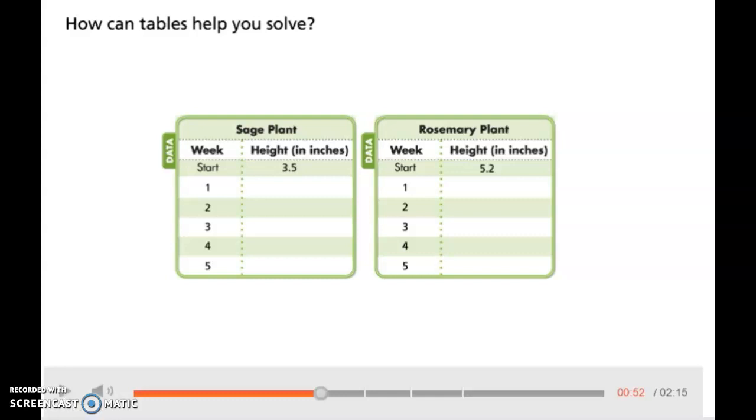Remember, we wanted to know how tall the sage plant and the rosemary plant would grow after 5 weeks.